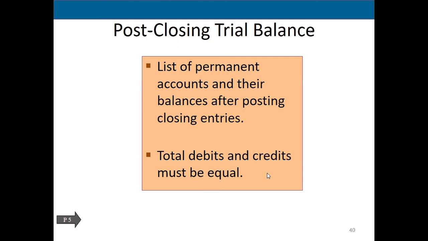You're not going to zero out cash at the end of the year. Whatever cash you have, you're still going to keep. But you are going to zero out all of your income statement accounts. You're going to zero out your revenue accounts and your expense accounts at December 31. And you might say, well, why would I do that? Because you're looking at your accounting in a cycle for one year.